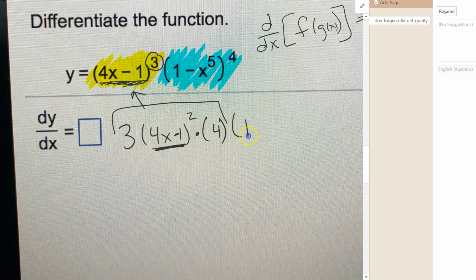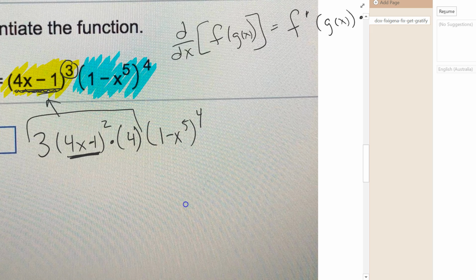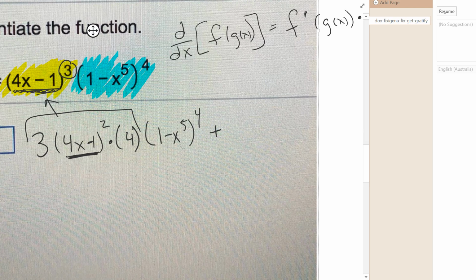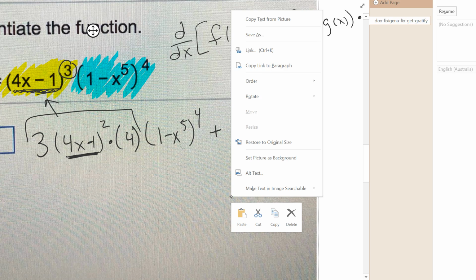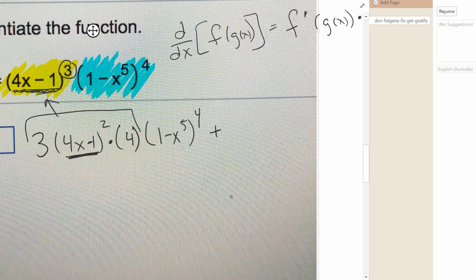So I have to still hold the second function, because my format is the derivative of the first function, hold the second one, plus the derivative of the second. So if I take the derivative of the second function, I'm going to have 4, 1 minus x to the 5th cubed times minus 5x to the 4th.